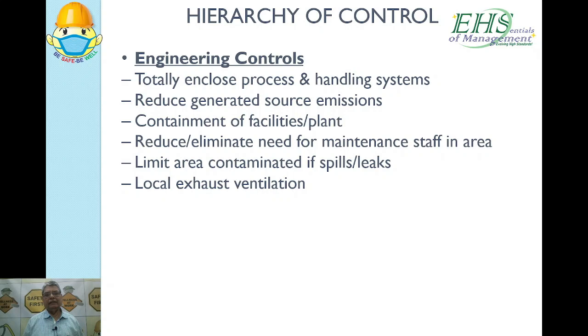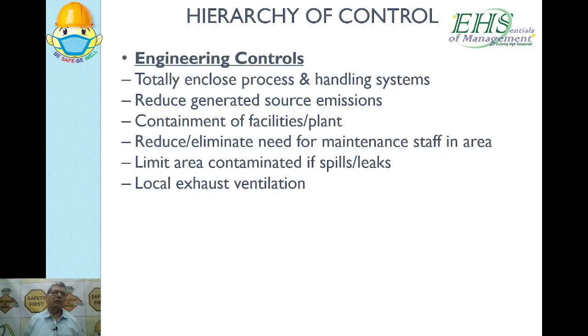Then there is a local exhaust ventilation, by which you take out the contaminated or stale air from that particular area, or there is a forced ventilation. That means you bring in the fresh air from outside inside the workshop or workplace. Then there is air conditioning and so on.